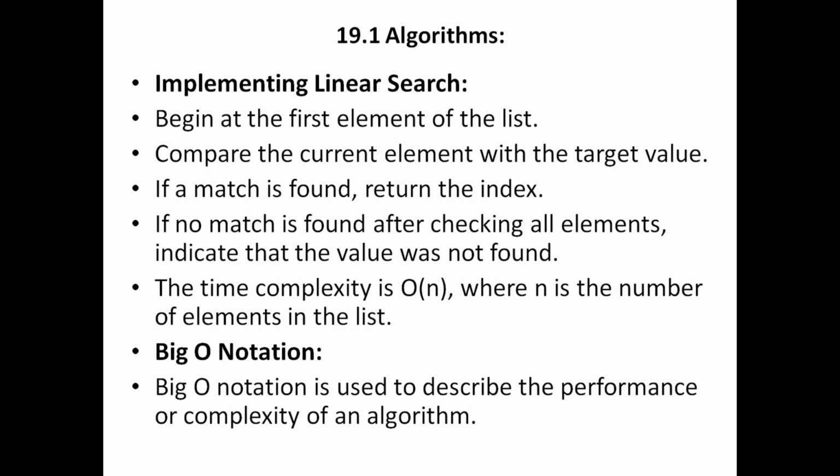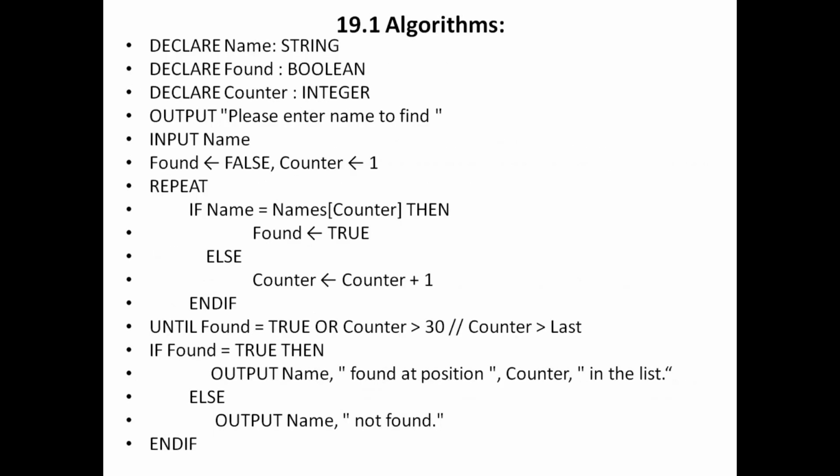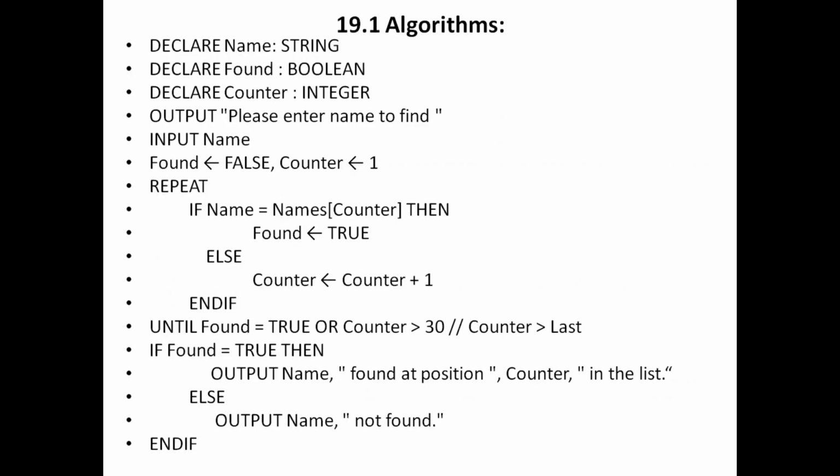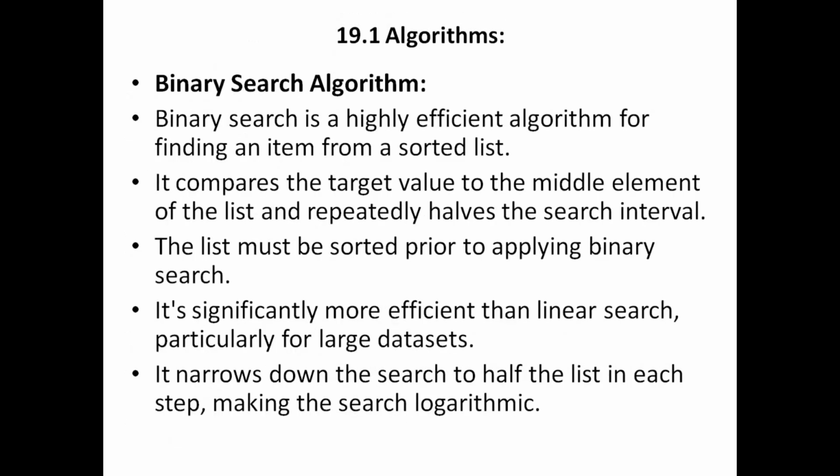Big O notations are used to describe the performance or complexity of an algorithm. You'll get to learn about them later on. Okay, this is a simplified version of a linear search algorithm. You already know it from your O levels, from your AS level, so I'm not going to explain it again. You can just read through it, and let's move on.